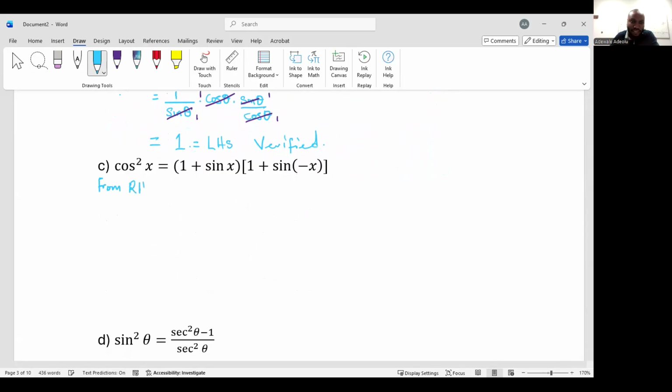In this case, I would claim that the complicated part is the right-hand side. So from the right-hand side, I have 1 plus sine of x multiplied by 1 plus sine of negative x. The first thing I notice here is that I can rewrite it. Sine of negative x is the same as negative sine of x, since sine is an odd function.